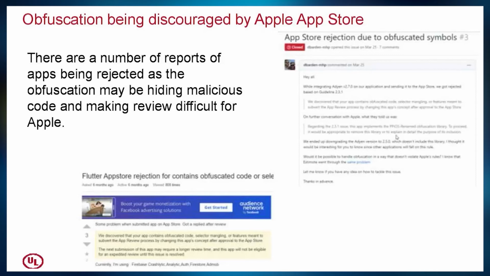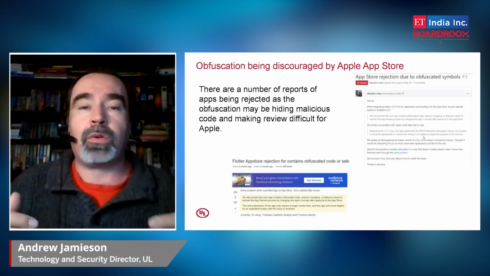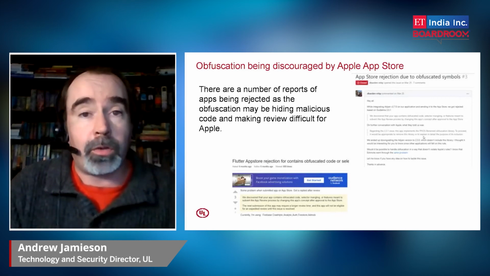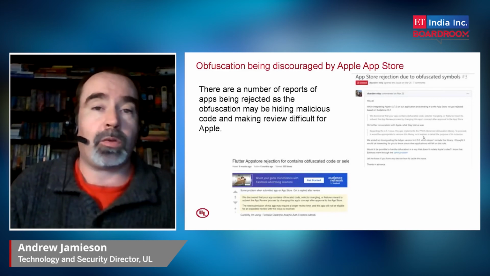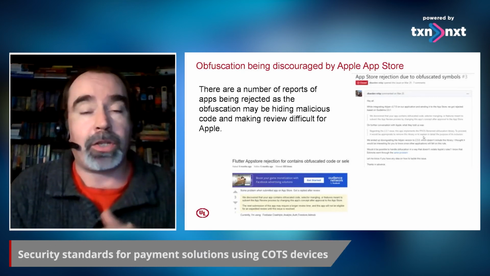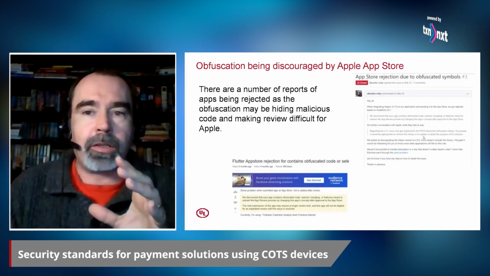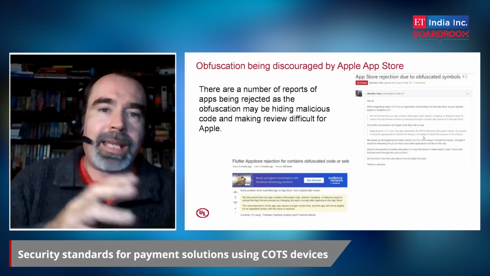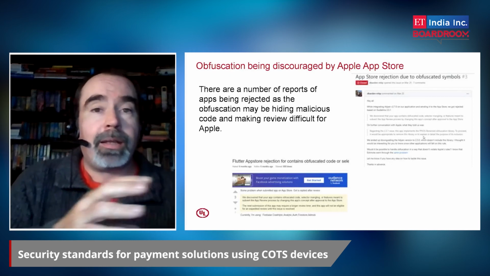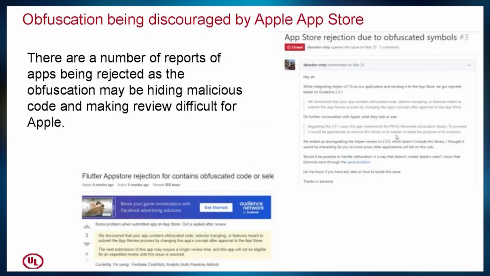However, there is also a problem that the Play Store and Apple's store are increasingly saying, we do not want you to heavily obfuscate your applications because that creates problems for the store's malware checking. And so there's a bit of friction between the increased security on the app side and the privacy controls that are being implemented at the store and operating system side.